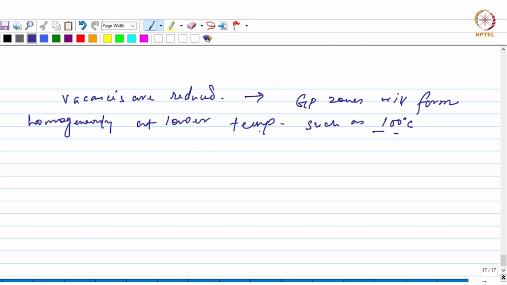In order to make sure that the GP zones are forming homogeneously, because that is a requirement for the homogeneous formation of the precipitate, as I said before, a two-stage aging is done. In the first stage, the GP zones are formed. And once the GP zones are stabilized, the temperature is further increased for the precipitation to occur.